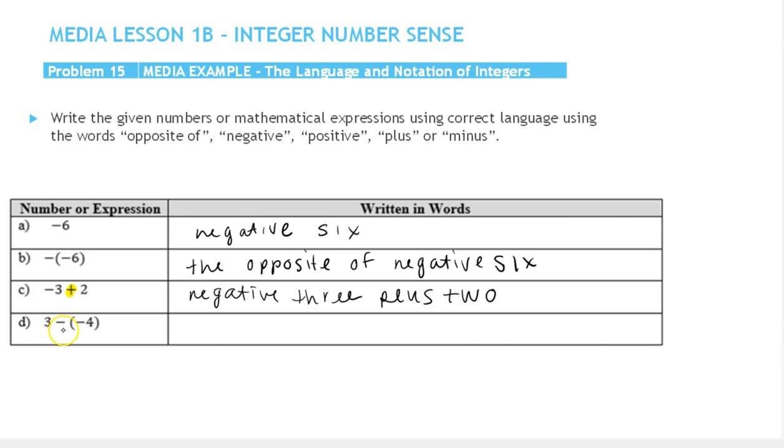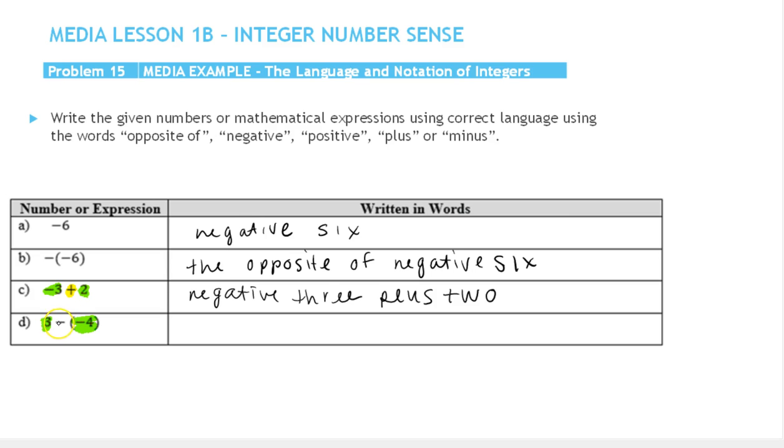Now here we have another symbol that could be opposite, negative or minus, outside, just like we did here. But notice in this case it's between two numbers. Here we have the numbers negative 3 and positive 2. Here we have the numbers positive 3, or just 3, and negative 4.